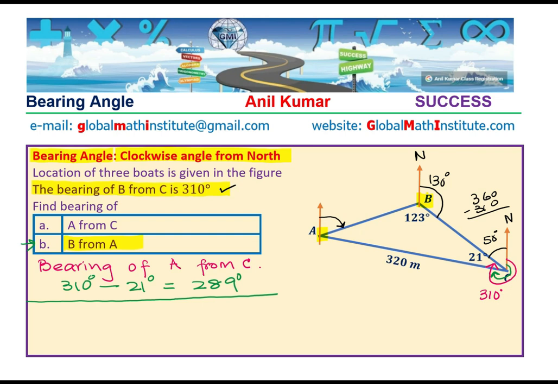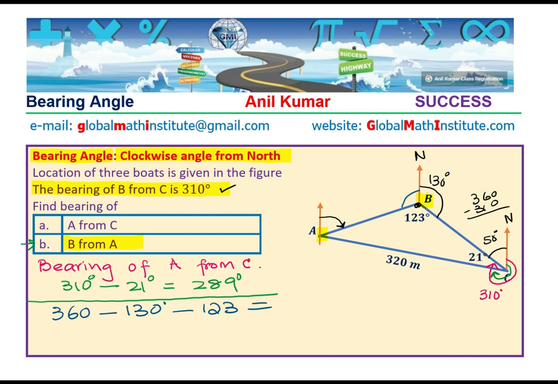Now you know that at the point B, we are given two angles, which are 130 and 123. Can you find this angle now? Well, that angle should be 360 minus the sum of these two. So from 360, take away 130, which gives you 230.